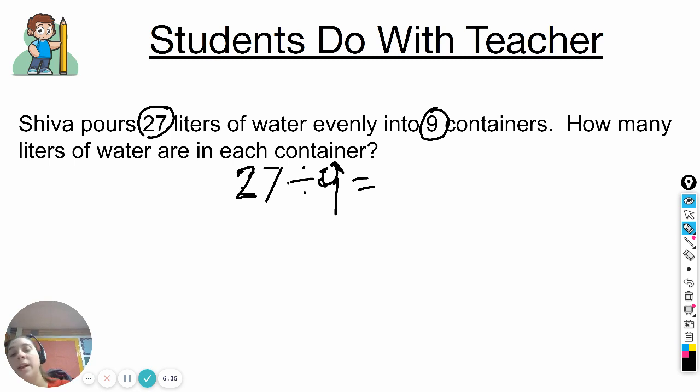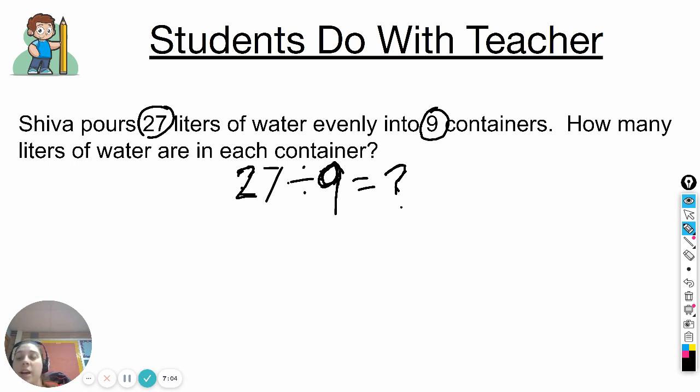And we have to figure out what that equals. Make sure that equation is on your board. 27 divided by 9 equals what?